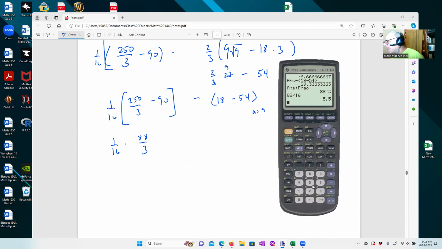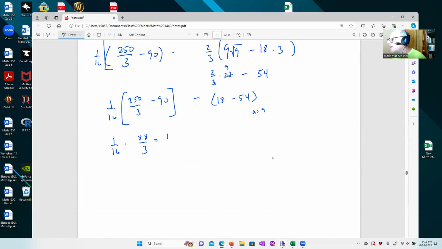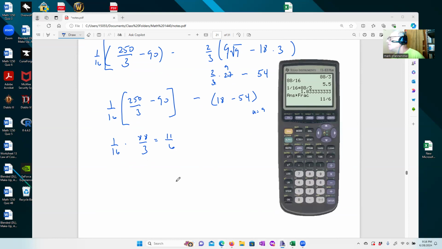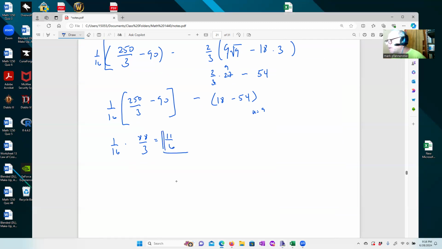So we'll go ahead and say we have 1 divided by 16 times 88 divided by 3. And we'll just go ahead and let that happen. And again, we're going to go ahead and change it back to fractions. That's the easier way for me to think about this. And we end up with 11/6. Let's double check our calculator. Yeah, 11/6. So this was our answer, 1.8333. This would be our answer.